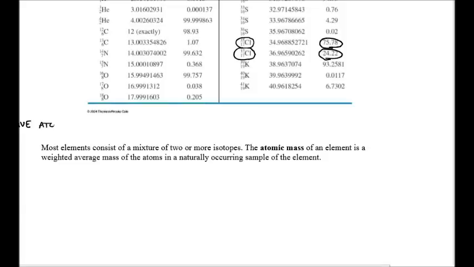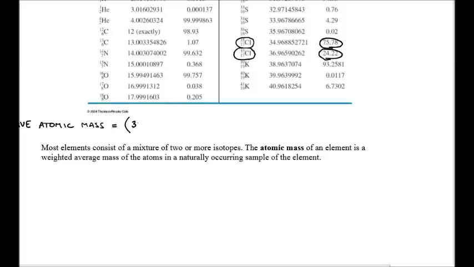Average atomic mass is equal to the mass of that particular isotope.